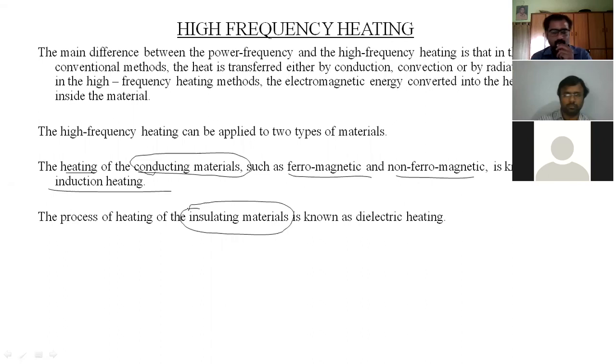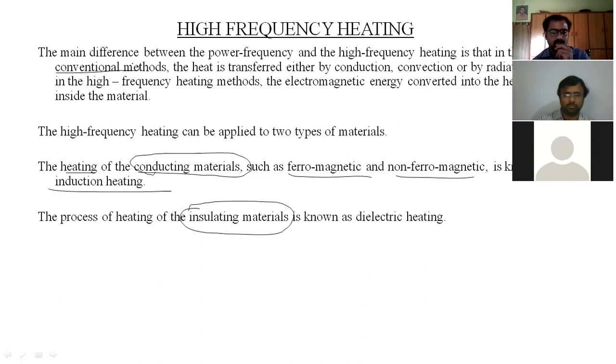Whereas when we talk about conventional methods, which we use from the start, the heat transfer by the conventional method is very low.